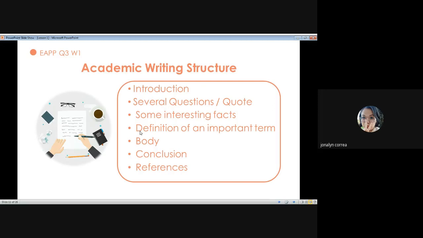Again, as I have said a while ago, it is just an example of the structure. So the structure may vary. For example, if you have here the several questions, you can change it into a quote, into a definition of an important item. So are we clear with the structure?